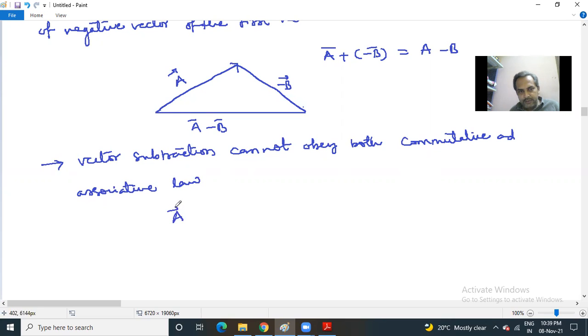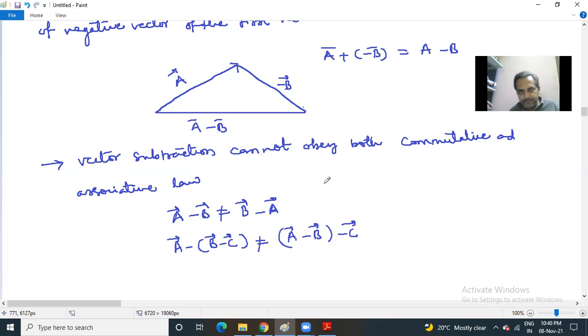So it means A minus B cannot be written as B minus A. This first one. Second one is A minus of B minus C is not equal to A minus B minus C.